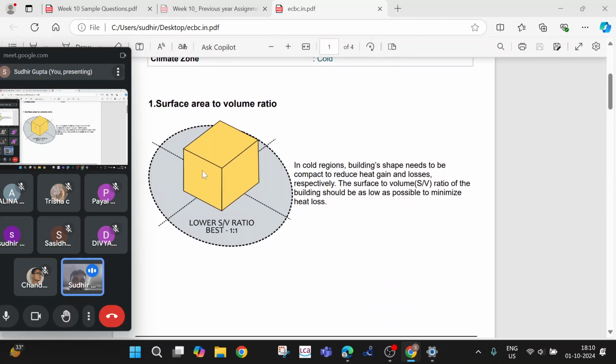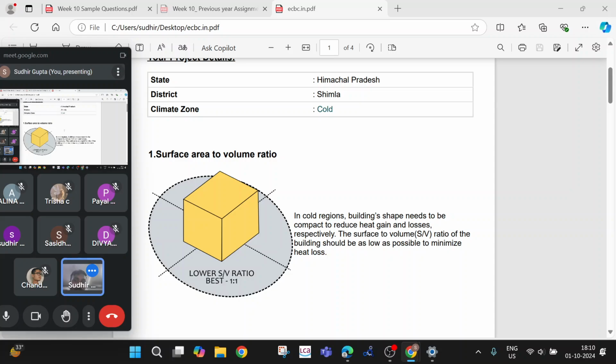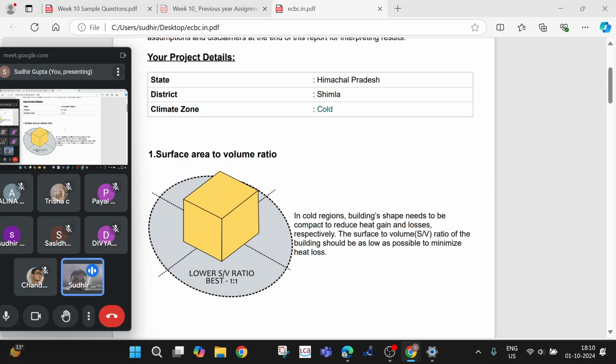First, it is suggested that you focus on the surface area to volume ratio. In cold regions, the building shape needs to be compact, so that you can reduce the heat gain or losses from the building. If there is a smaller surface area, then obviously the heat transfer rate will be lower.